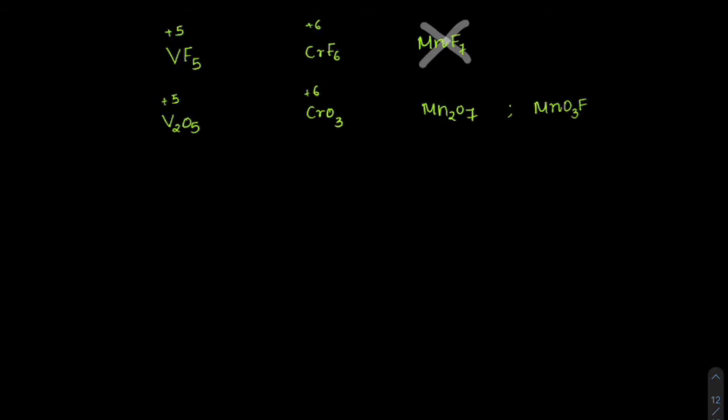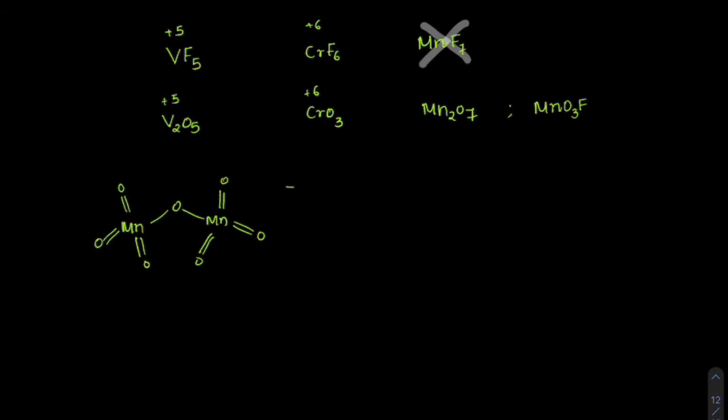But when it comes to Mn2O7, the molecule structure would look like this, and because oxygen can have multiple bonds, because it can exhibit double bonds here, it can exist this way, with less crowding.